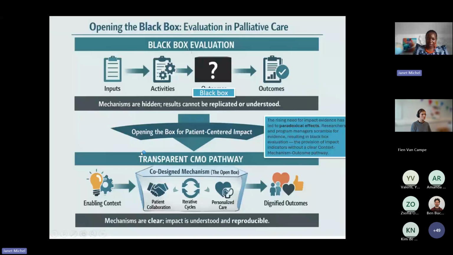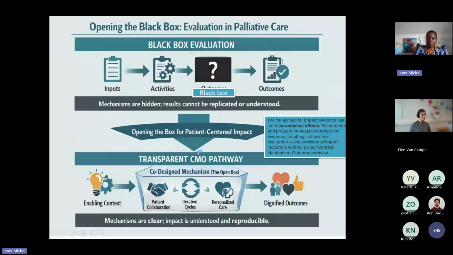With theory of change, what we are actually doing is opening this black box. So it's about what is actually happening in the middle that is leading to these dignified outcomes.